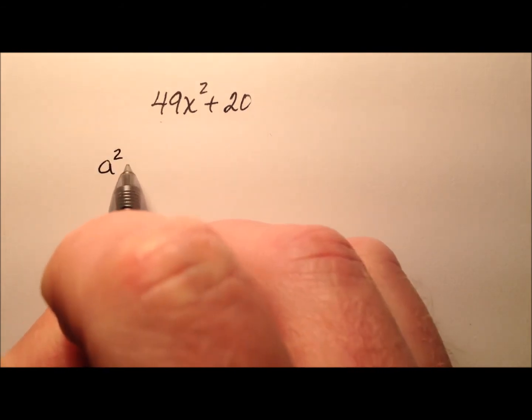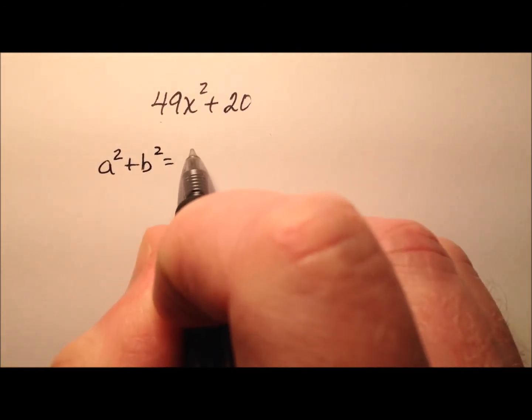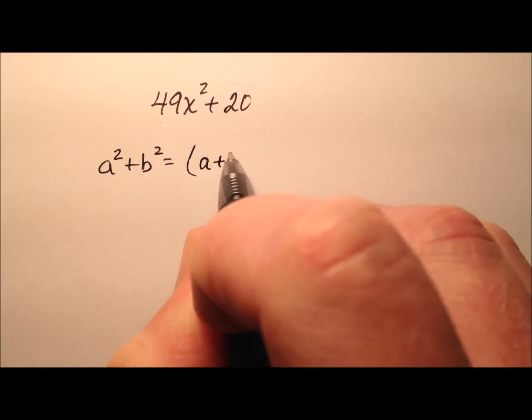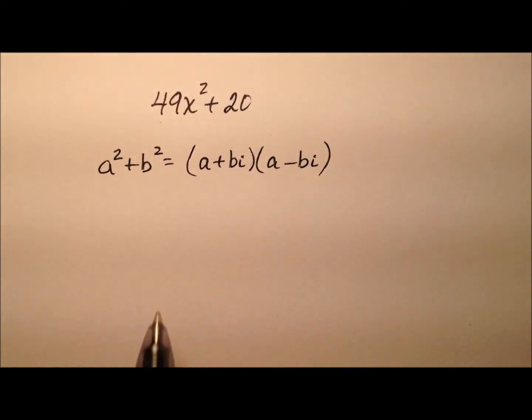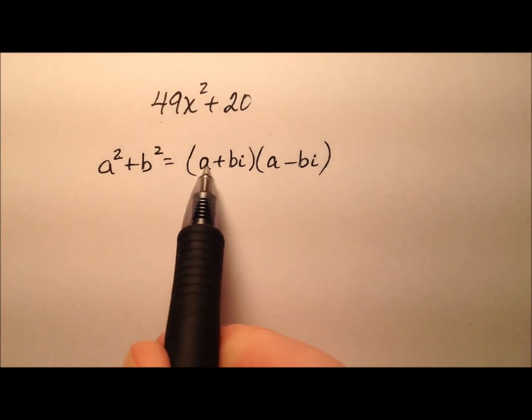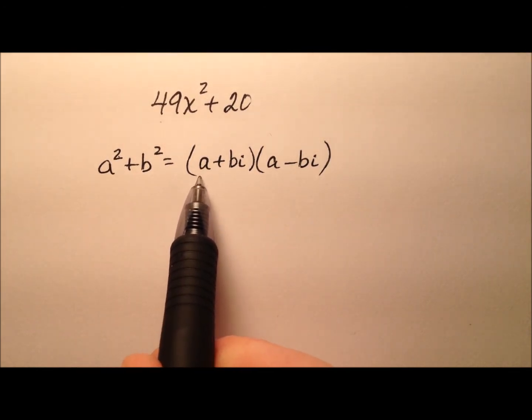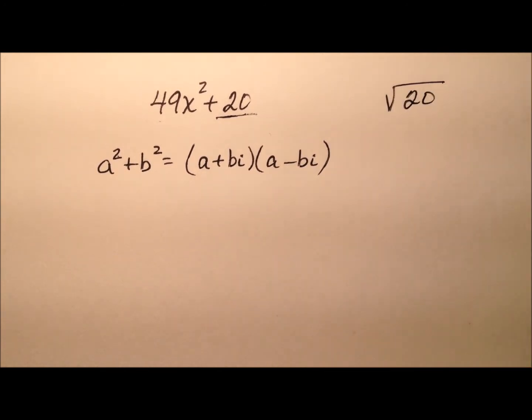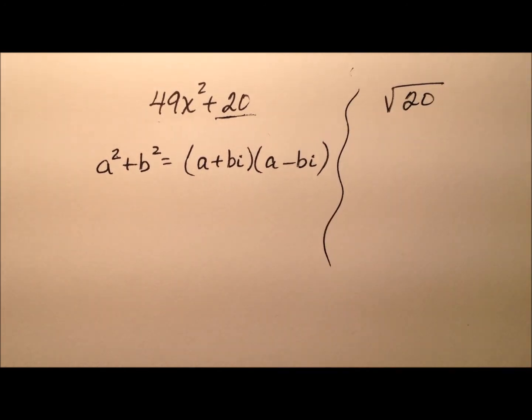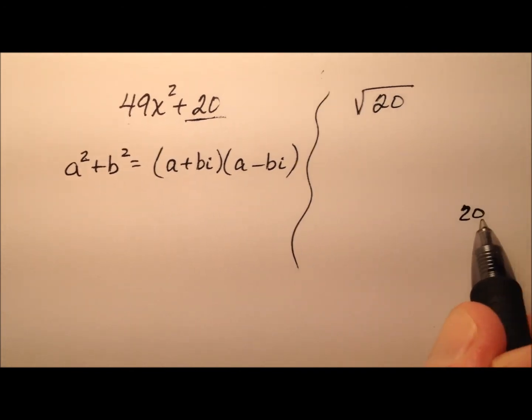So we have a squared plus b squared, and that factored down to a plus bi and a minus bi. Well, to go from a squared to a, we just need the square root of it, right? Well, what's the square root of 20? Although it's not a perfect square, we can still find the square root. So I'll put 20 over here.